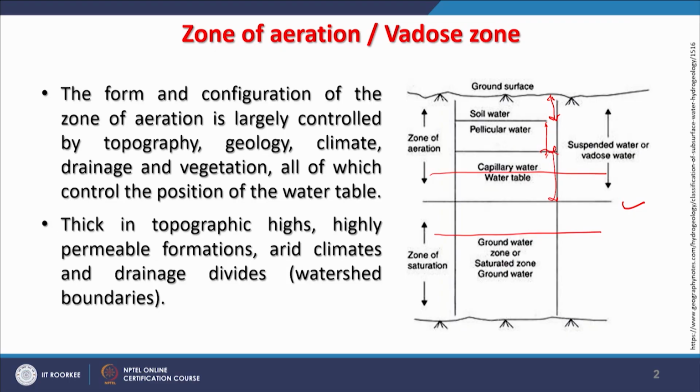In topographic highs, like in Himalayan or mountain conditions and hilly regions, highly permeable formations, arid climate and drainage divides where watershed boundaries are, we get less water.